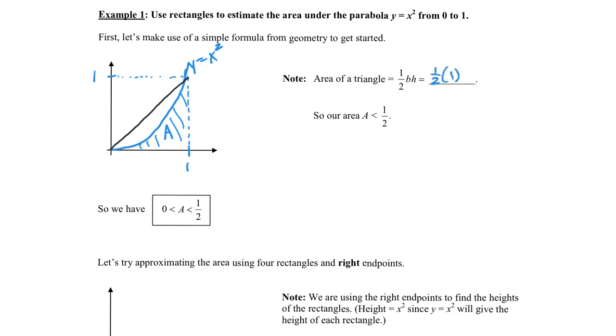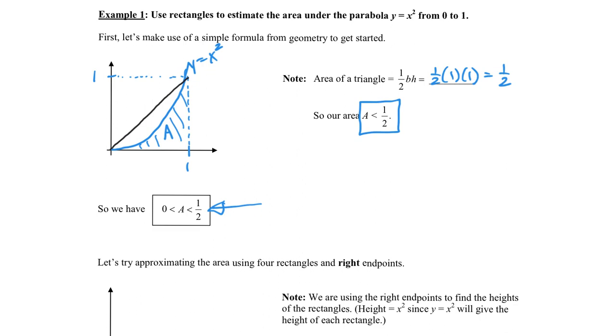Which is just 1/2. And we can see that our area is definitely less than that. So far, we have a real rough approximation. We can say our area is less than 1/2 square unit, right? So we start off and we know our area is bigger than 0. There is something here, but it's less than 1/2.